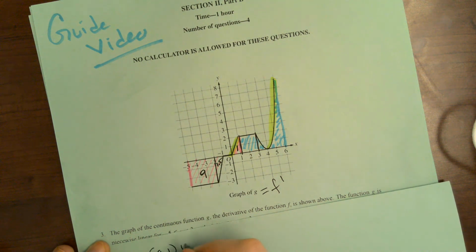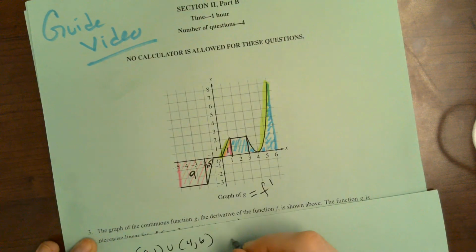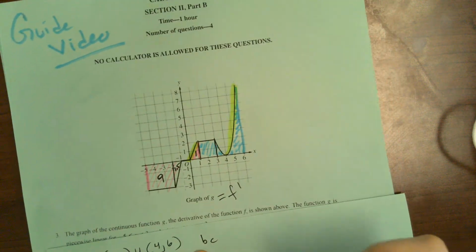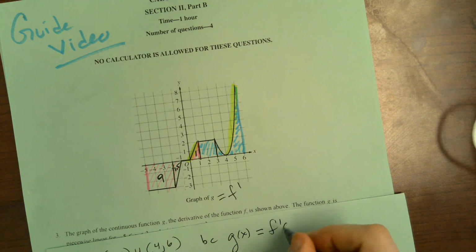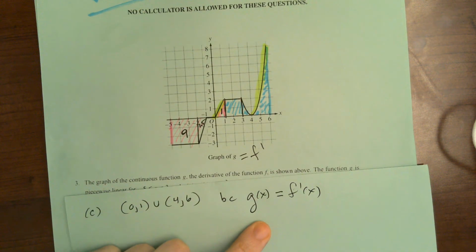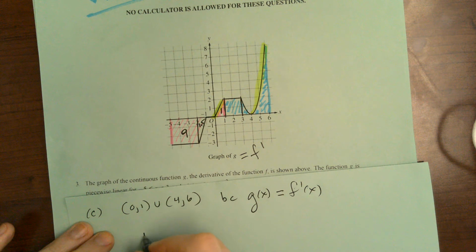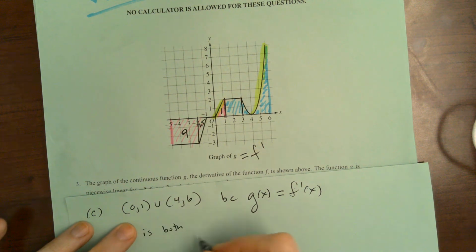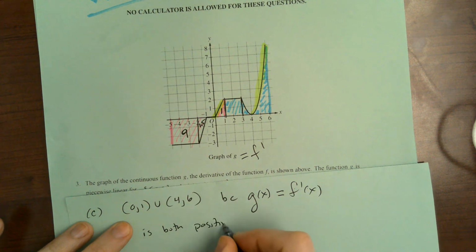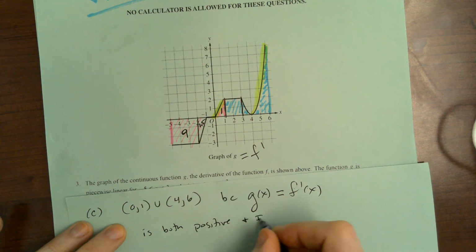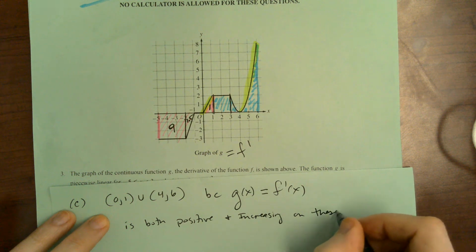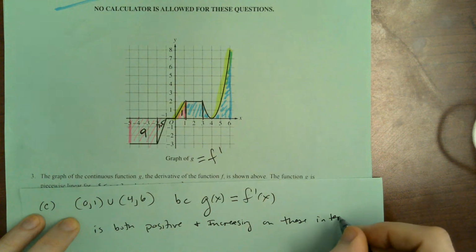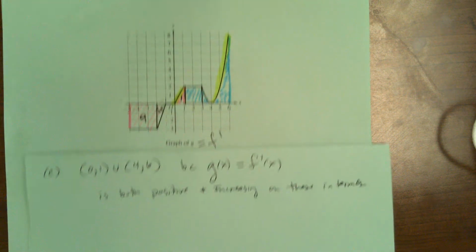From 0 to 1 union 4 to 6, because g of x, which is equal to f prime of x, is both positive and increasing on these intervals.